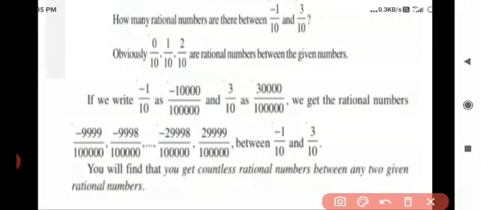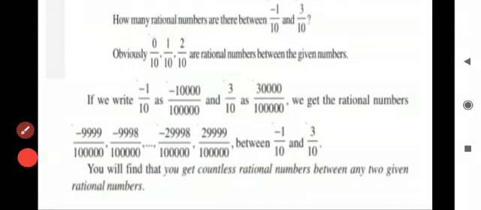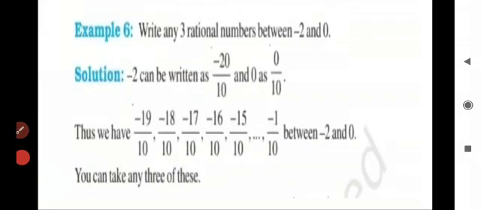Between minus 1 by 10 and 3 by 10, you can write a lot of rational numbers. You will find that you get countless rational numbers between any two given rational numbers.